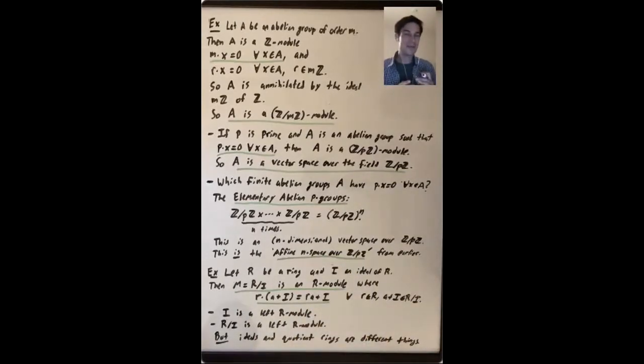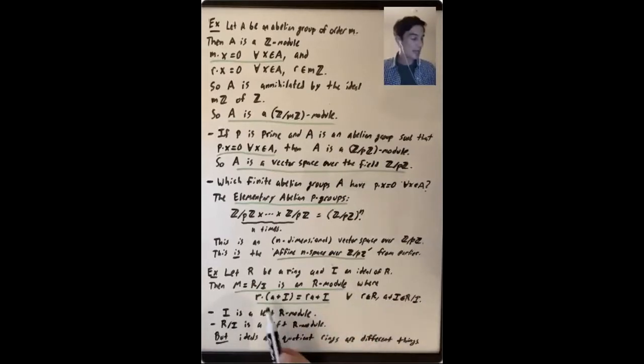Okay, so now that we've talked about this idea that you have an R module M and an ideal I that annihilates M, then M gets the structure of an R mod I module. There's a different way to think about quotient rings and modules. So if R is a ring and I is an ideal of R, then the quotient ring R mod I is also an R module.